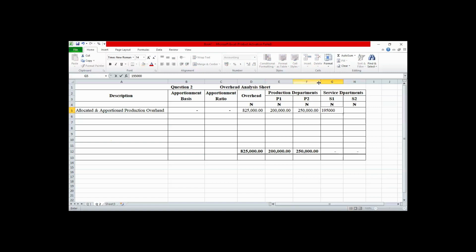The last one, 180,000. Is it cleared up to this level, please? Yes, sir.